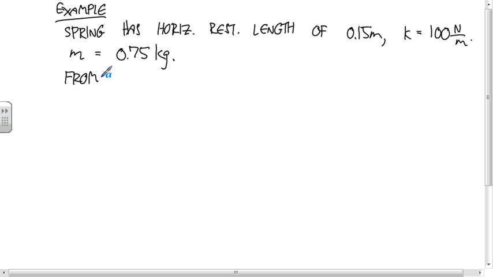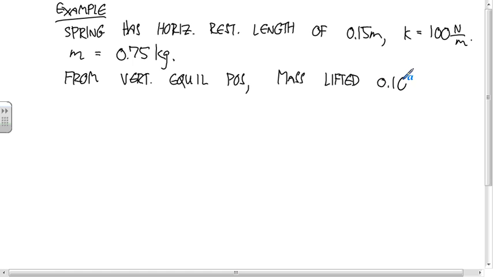So now the mass hangs vertically from this spring. It's hung vertically from the spring, okay? So you take this spring that's described here, hang the mass from it vertically, and from its vertical equilibrium position, the mass is lifted 0.1 meters and released.